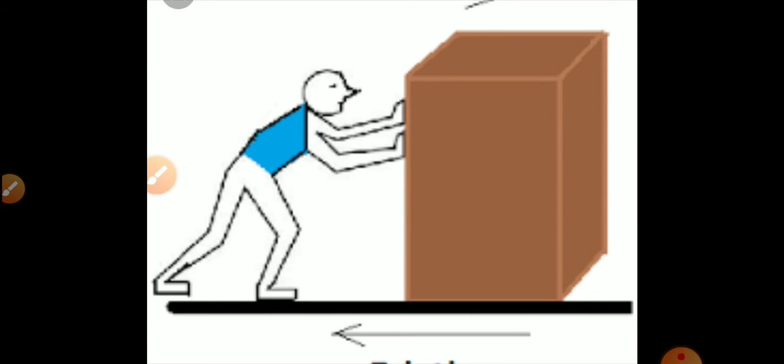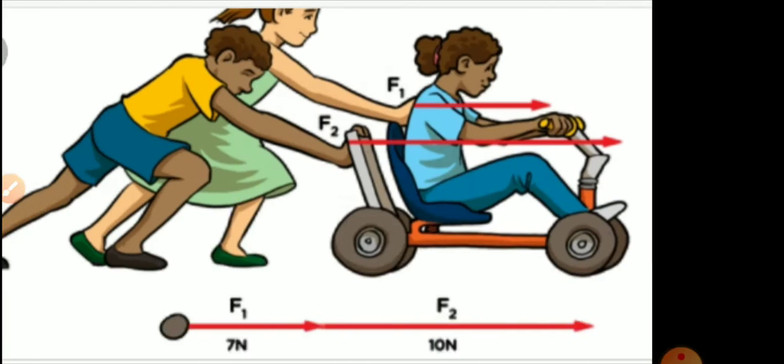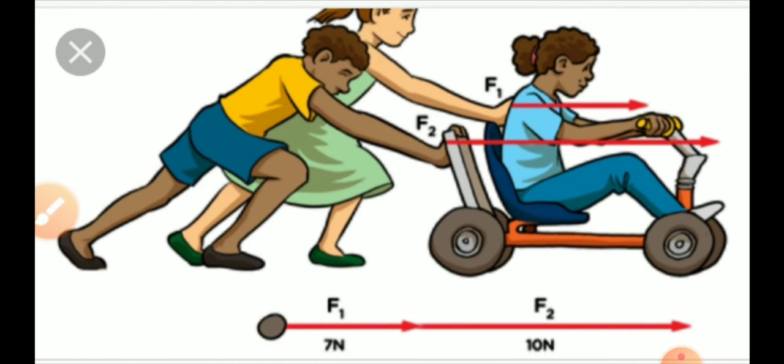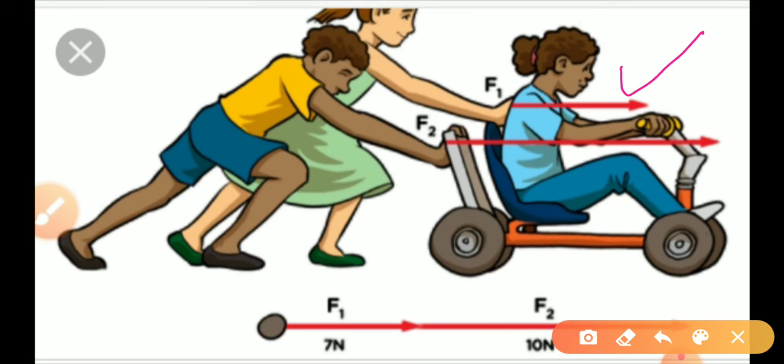There are so many examples. We'll study more examples. Here is another example. This girl is sitting on a cart and these two children are pushing, they are applying force. Suppose their forces are F1 and F2.